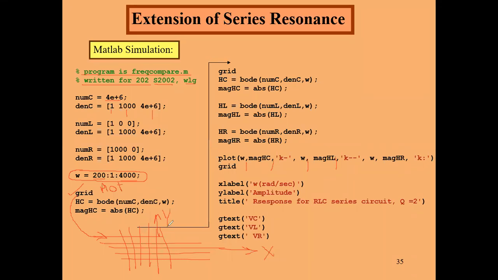To name the axes, we give the x label as omega, because that variable is omega, and the y variable is the amplitude. The title for this graph is the response of the RLC series circuit at Q equal to 2. And here we have get text values VC, VL, and VR.